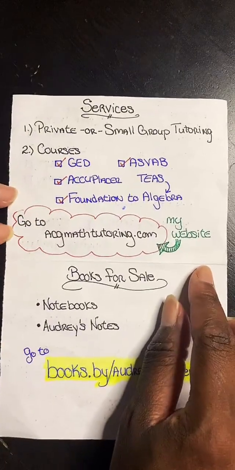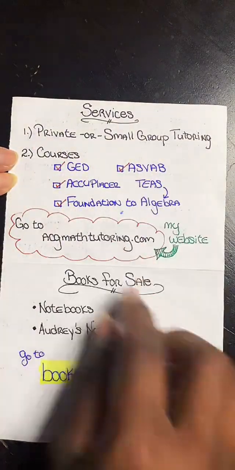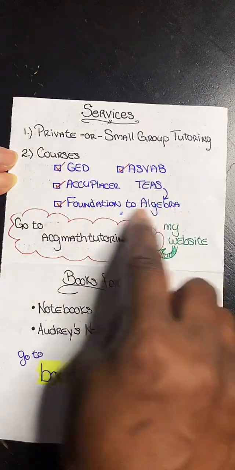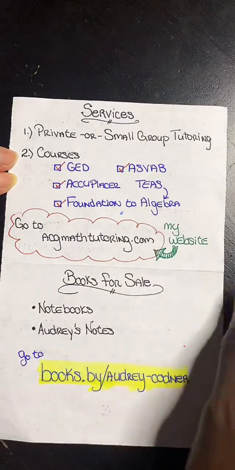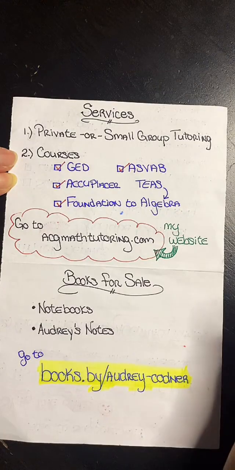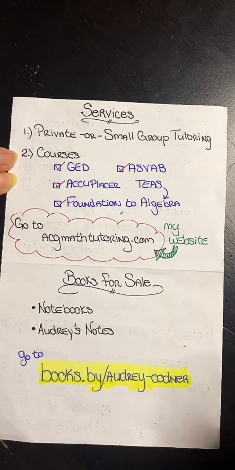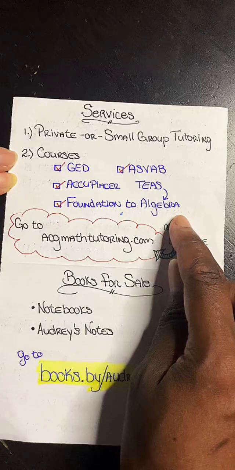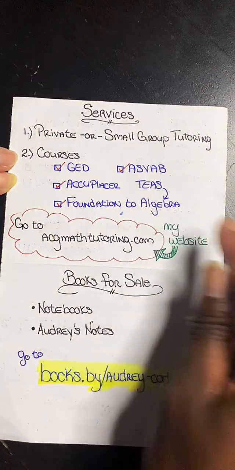So also for my services, we have private small group tutoring. I have courses for GED, ASVAB, ACCUPLACER, TEAS. You're going to want to do the foundations of algebra if you're a homeschool parent and your child's about to go into algebra, or maybe you want to teach your child algebra, but it's been a long time since you've seen this math. Then you want to look at the foundations of algebra.